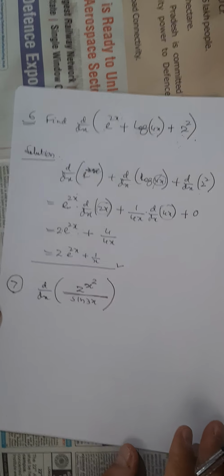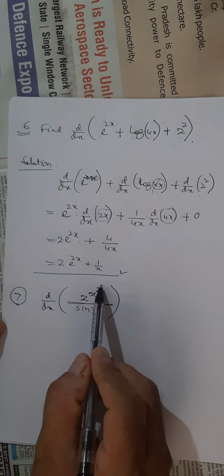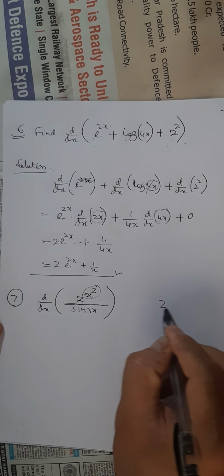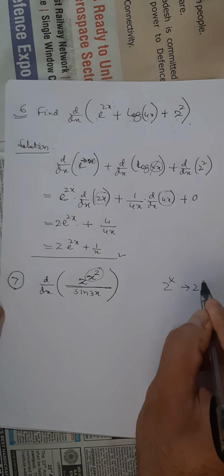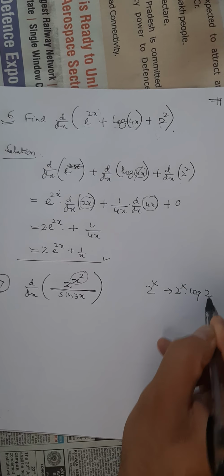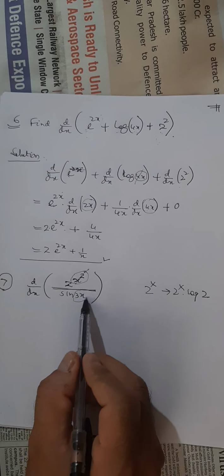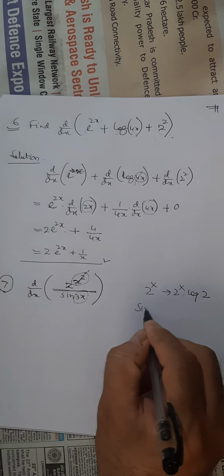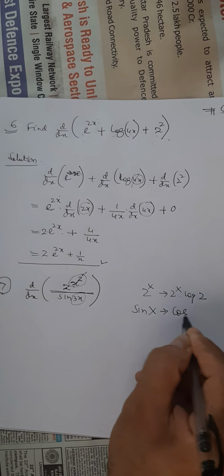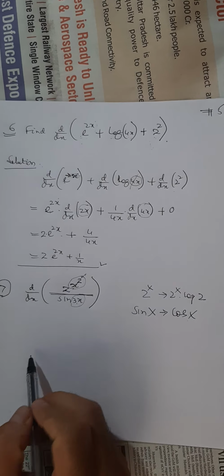Now you see here both are composite functions. 2 raised to x square. You know the derivative of 2 raised to x is 2 raised to x into log 2. So we imagine this as x. What is the derivative of sine x? Which is cos x. So we imagine 3x as x here, right?